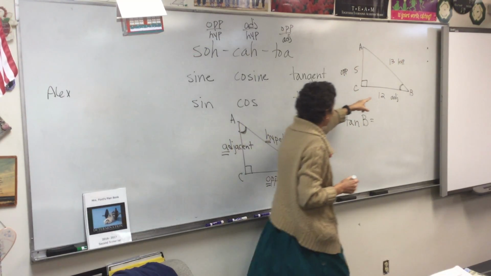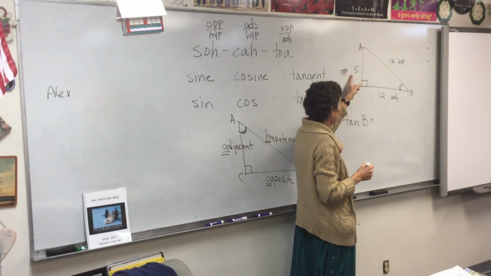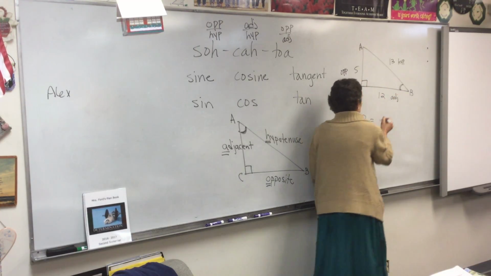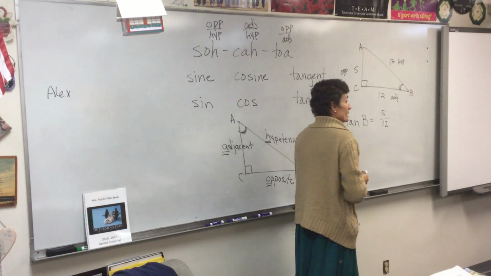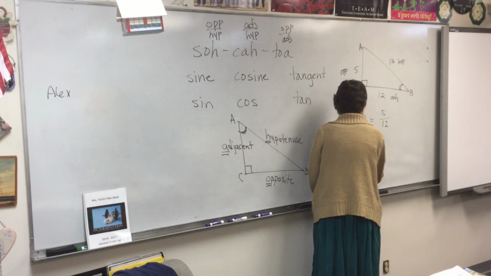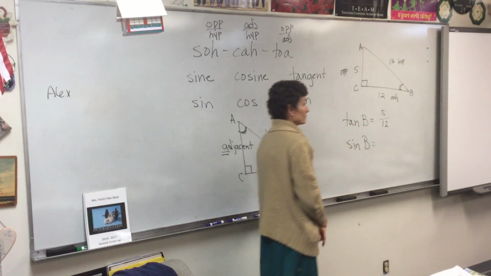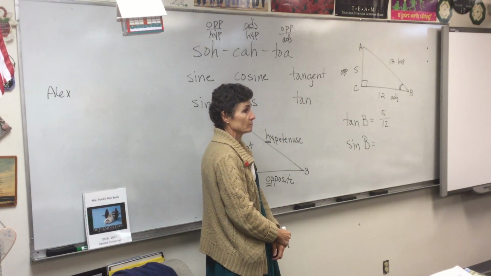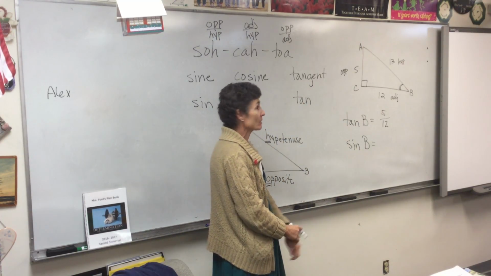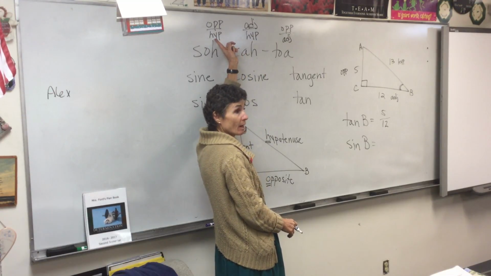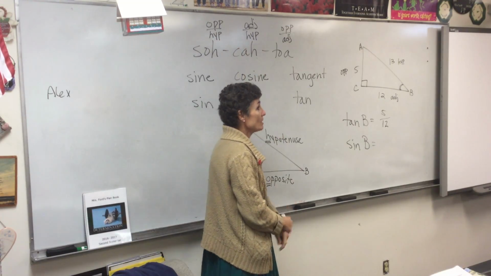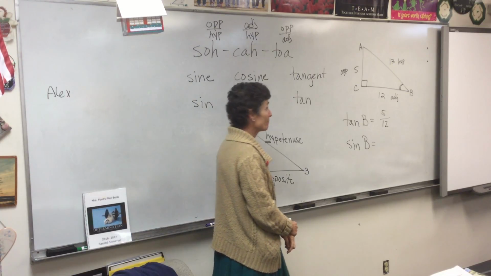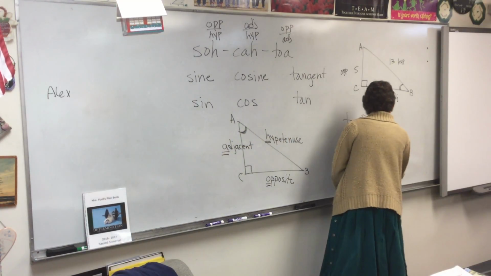So the answer to the problem would very simply be 5 over 12. Easy. So, okay, what's the sine of angle B? Well, the sine of angle B, what's sine? Opposite over hypotenuse. So the sine would be 5 over 13.